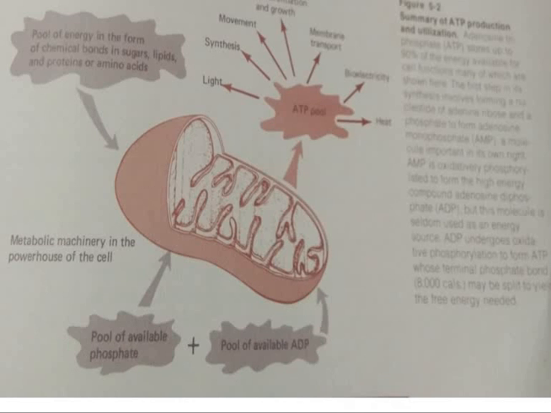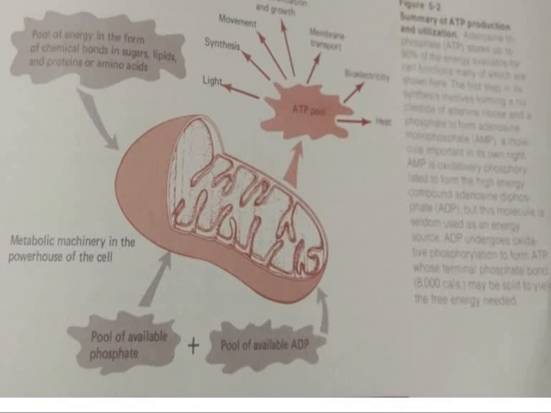Here is a classical diagram of mitochondria, where you see a pool of available phosphates plus a pool of available ADP for making ATP. This diagram is titled Metabolic Machinery in the powerhouse of the cells, as mitochondria are called the powerhouse of the cells. There is a pool of energy in the form of chemical bonds in sugars, lipids, and proteins or amino acids.